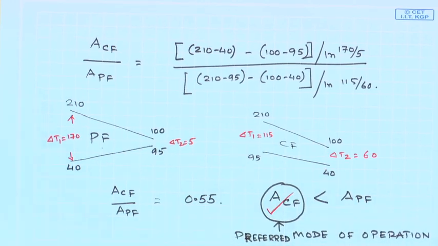So, this simple problem would clarify some of the ideas about the maximum heat transfer rate which can be achieved when the temperature of the cold fluid outlet reaches the temperature of the hot fluid at the outlet. So that's the maximum possible heat transfer.